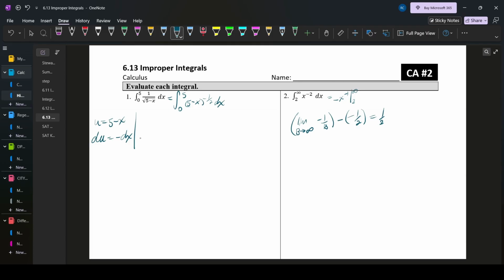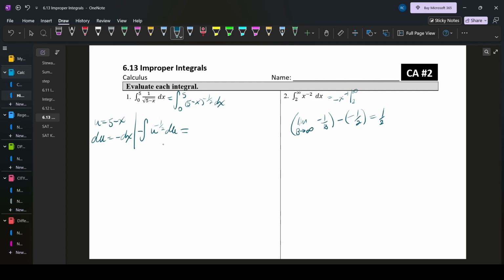So let's rewrite this as the integral without limits right now because we're using u temporarily. So it's going to become negative u to the negative 1/2 du, because du is negative dx.